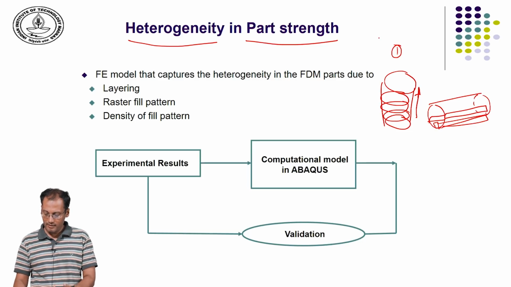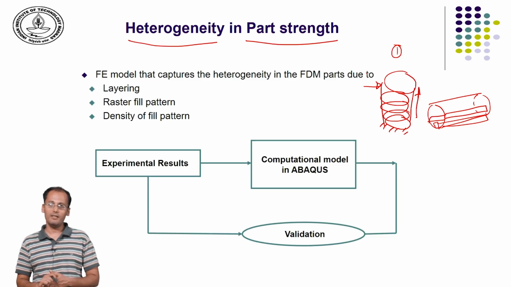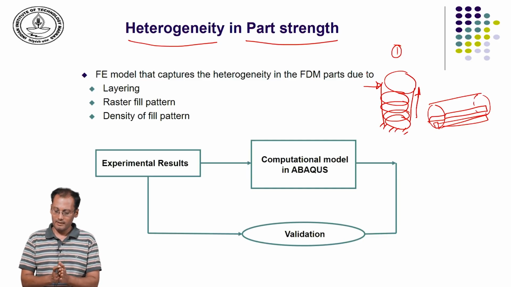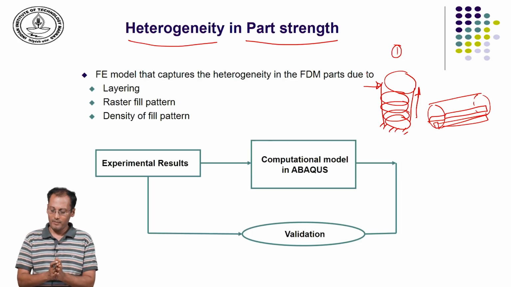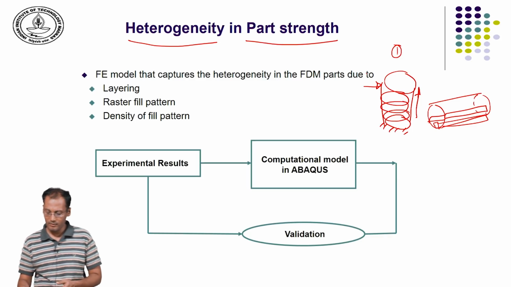But if I take the part and load it, let us say I constrain this end and apply a load in the transverse direction, you will see that the part will fail in shear, because the inter layer bonding is the weakest link, and in the present loading scenario under shear, this component will fail.